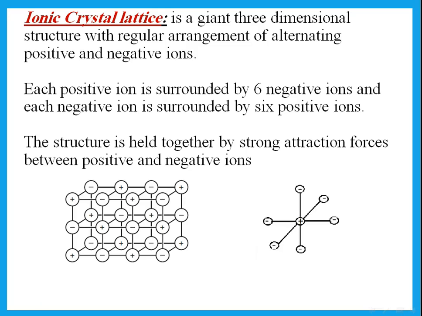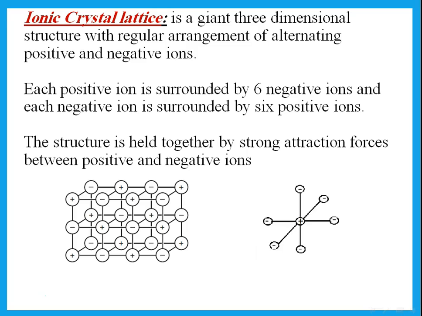Okay. You should realize that once the ionic compound is formed, it is in the form of a crystal lattice. The definition of the crystal lattice is, it is a giant 3-dimensional structure with regular arrangement of alternating positive and negative ions. That means if I have, for example, sodium chloride, I don't have just 1 sodium next to 1 chlorine and that's it.